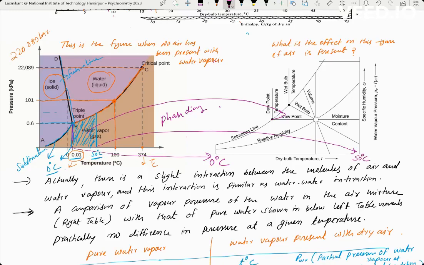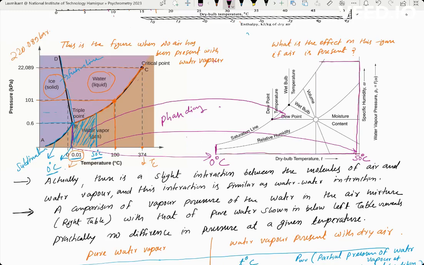This blue line is a vertical line up to B. Now this is the saturation curve, and the pressure is far below the critical pressure, so we will move up to this. This will be the psychrometric chart.